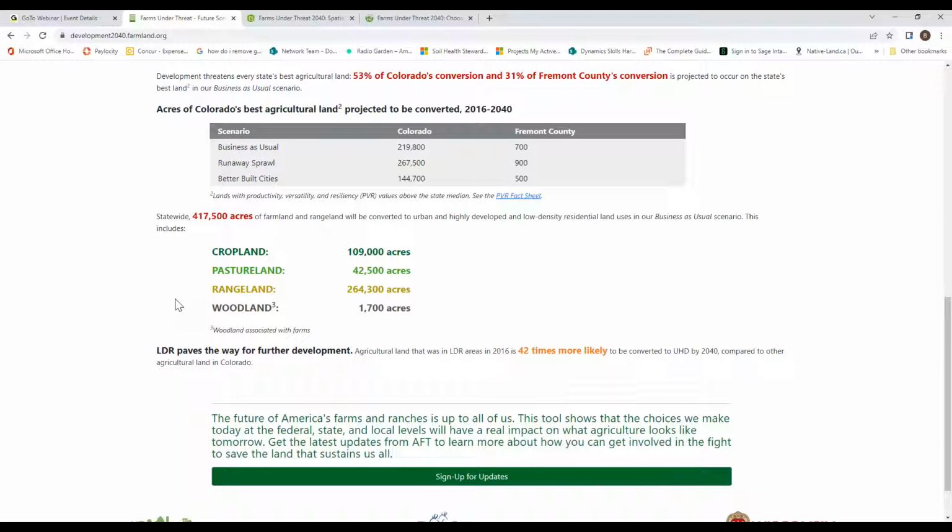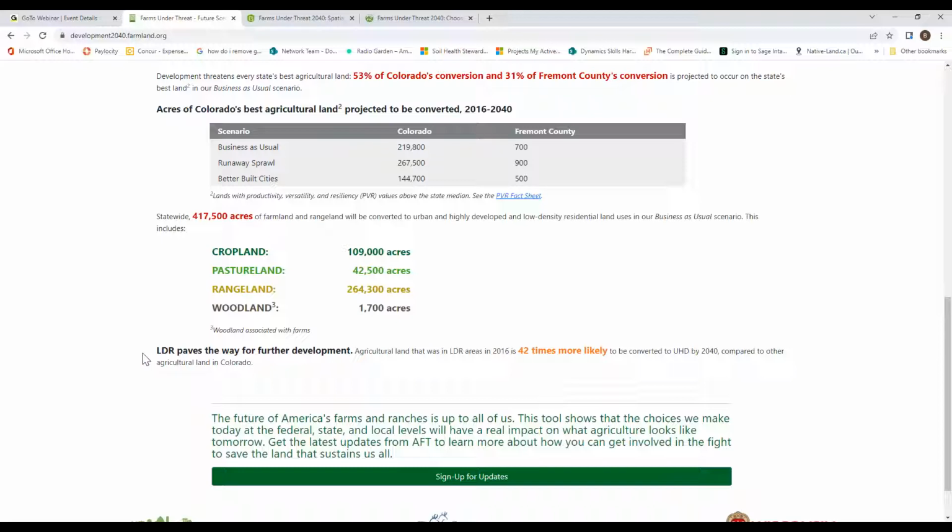A note about the woodland: obviously there's a lot of forested land in Colorado. This isn't saying that only 1,700 acres of woodland in the state is going to be converted. This is woodland that is associated with a farm or a ranch. This was new modeling that we did in 2020 in the State of the States report, where we were able to associate woodland with farms and ranches, and this assumes that just 1,700 acres of woodland would be converted.